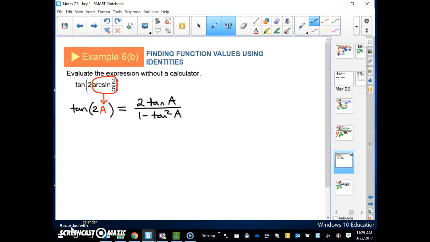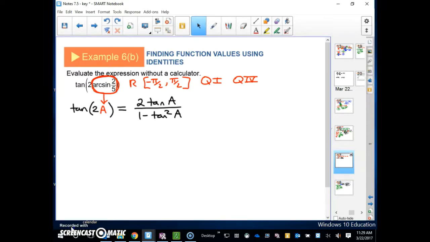So we're going to utilize that identity, but first we're going to draw a picture of the angle. Okay, this is an angle. And so we look at inverse sine, and we know the range of inverse sine is from negative pi over 2 to positive pi over 2. But that means that it's defined in quadrants 1 and 4. So we're either going to have a picture of an angle in quadrant 1 or a picture of an angle in quadrant 4.